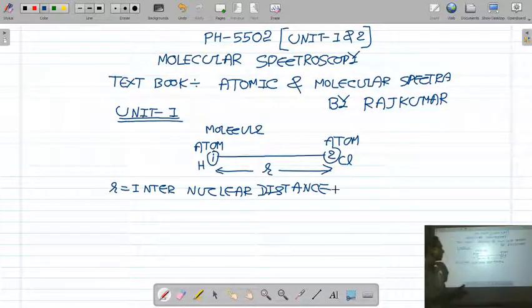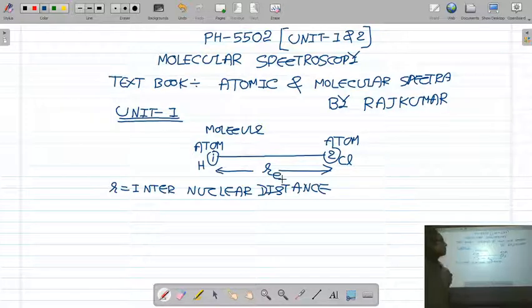When two atoms are chemically bonded, they will form a molecule. In equilibrium position it is denoted by Re. So Re is the internuclear distance, the distance between two atoms of the molecule in equilibrium position. So you have a basic idea about the molecule.